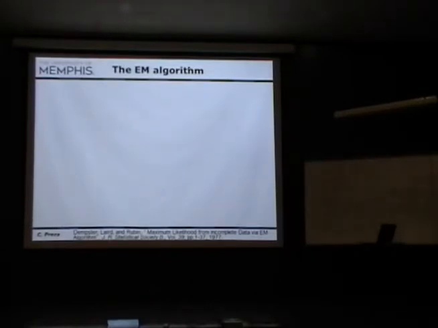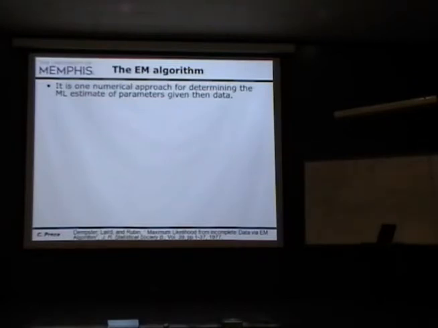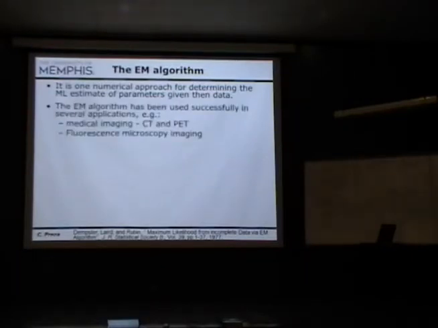So this is one of the papers on maximum likelihood estimation from incomplete data. Dempster, Laird, and Rubin was the other group that led the development of this algorithm, and Richardson and Lucy, I mentioned them earlier. So again, to recap, this is a numerical approach to determine the maximum likelihood estimate of some parameters given the data.